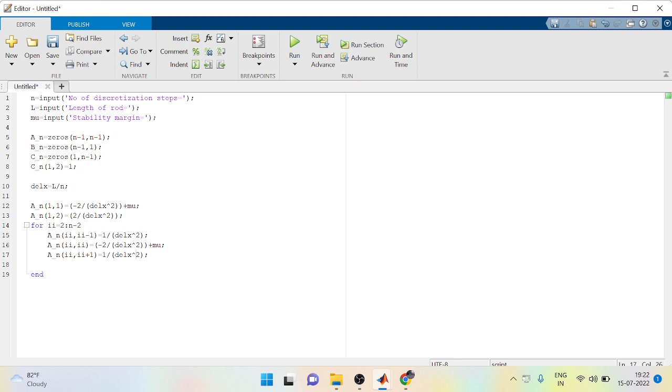And let me assume that we have a heating source in the center of the rod. Let's keep L by 3.